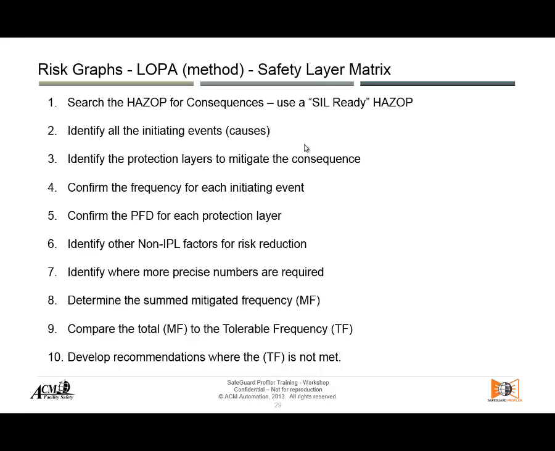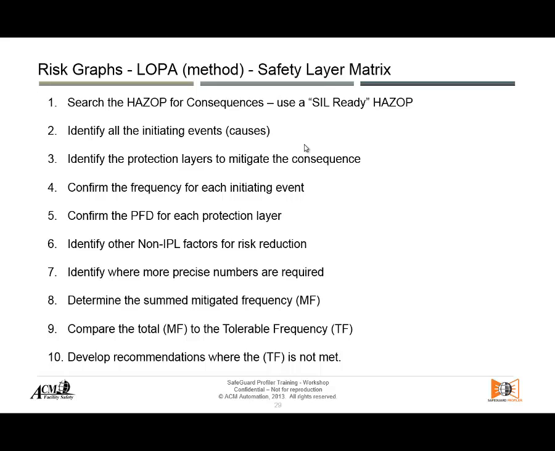And at the end, if we find out that TF divided by MF does not equal 1, and it is a number less than 1, that means that the number that is there will be interpreted as being a safeguard, and that would be the probability of failure on demand of that safeguard.